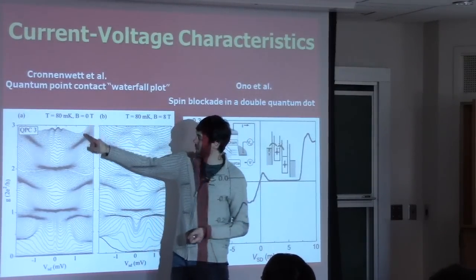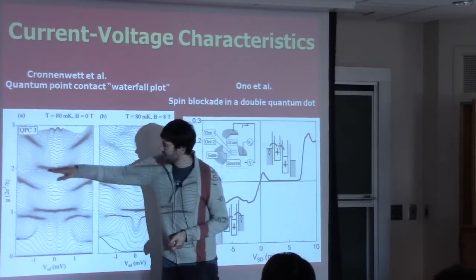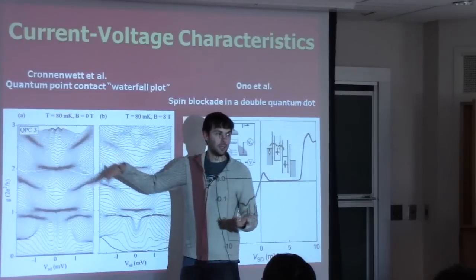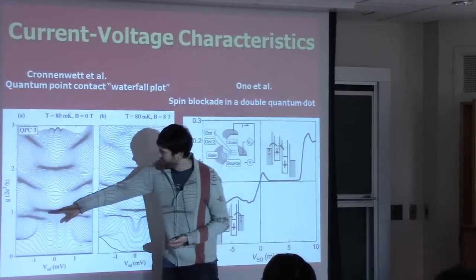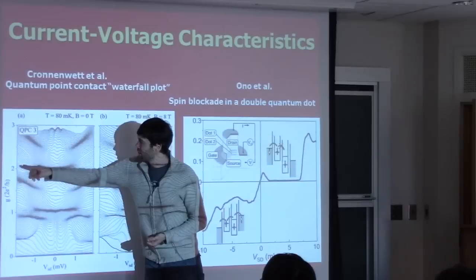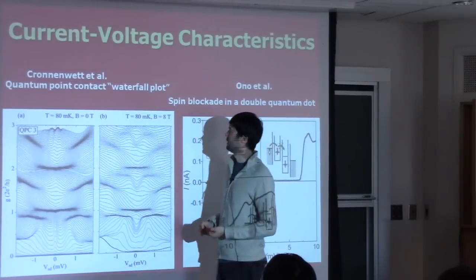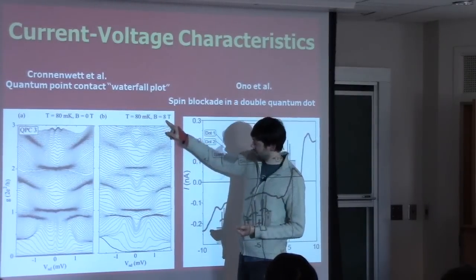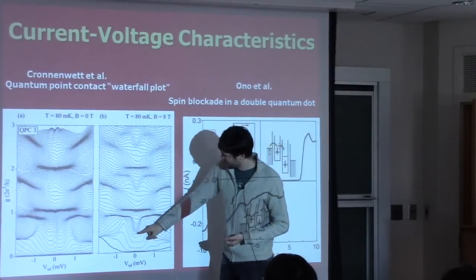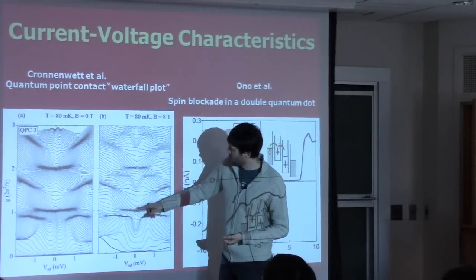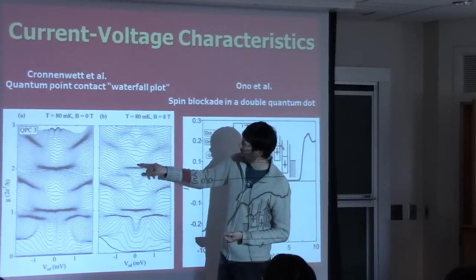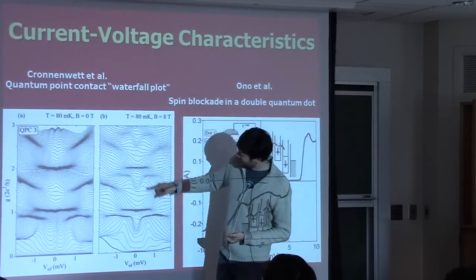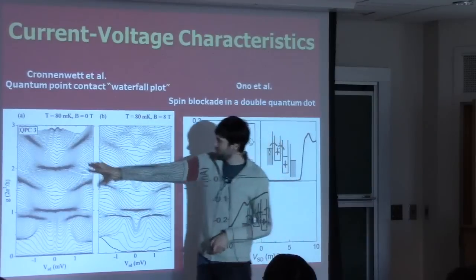At zero magnetic field, these dark areas are conductance quantization plateaus, and they occur at 2e squared over h, 4e squared over h, etc. And at very large magnetic field, many Tesla, now you have them at half, 1, 1.5, 2. And now I will explain what these curves are.